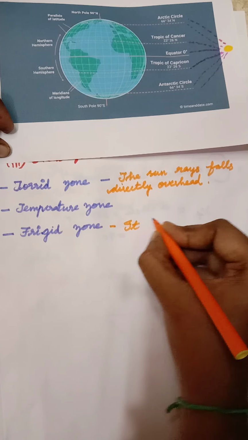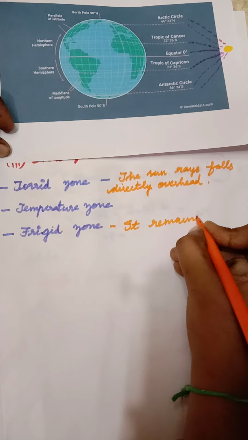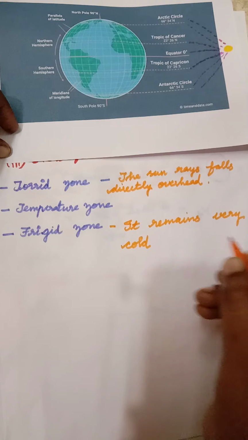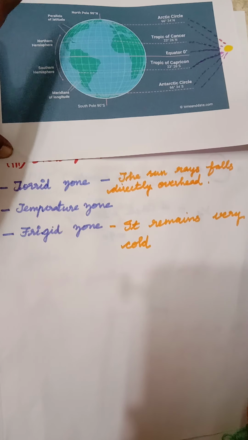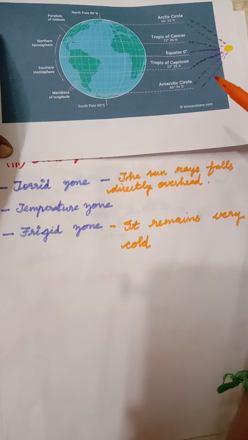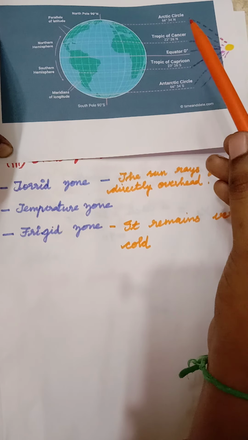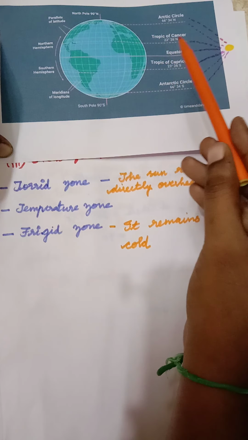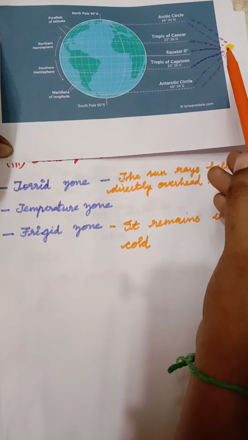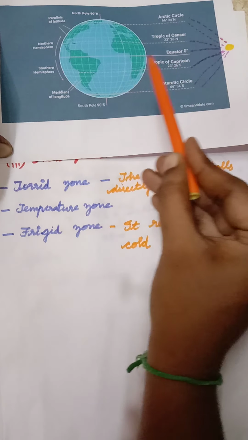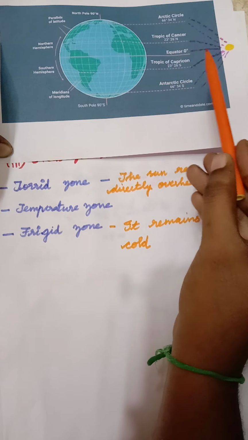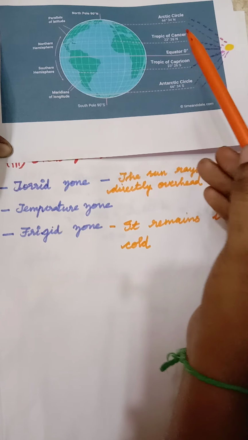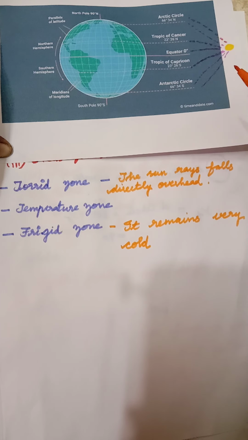It remains very cold. The sun rays are away, so it will be very cool. At the Tropic of Cancer and the Tropic of Capricorn, the sun rays are directly overhead, so the heat will be very high.